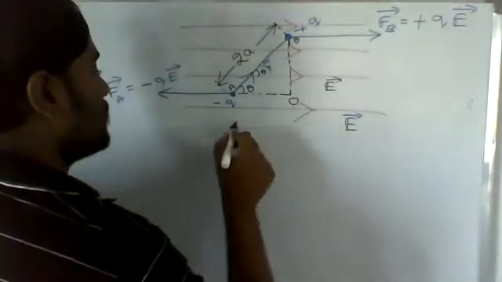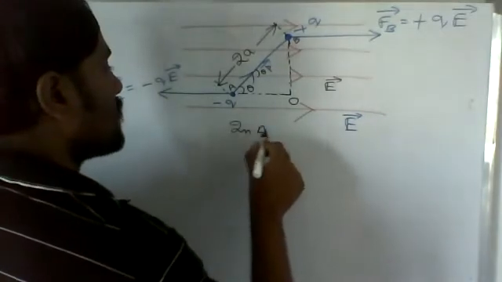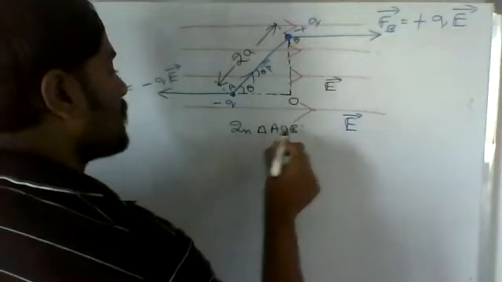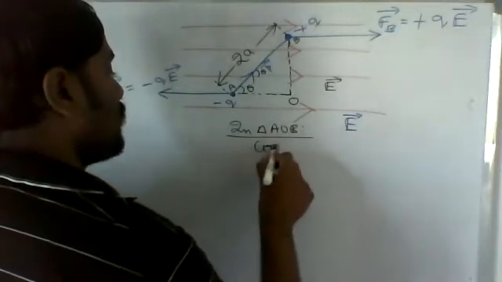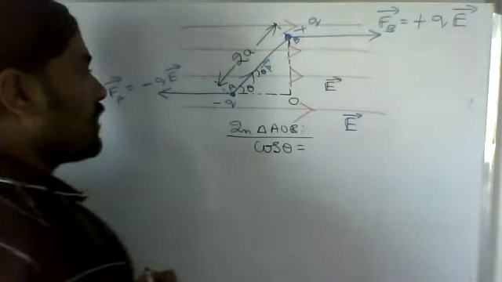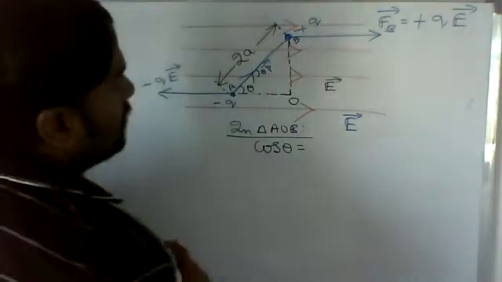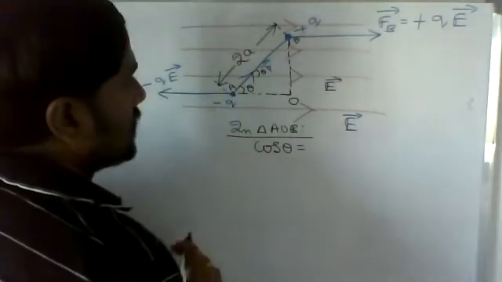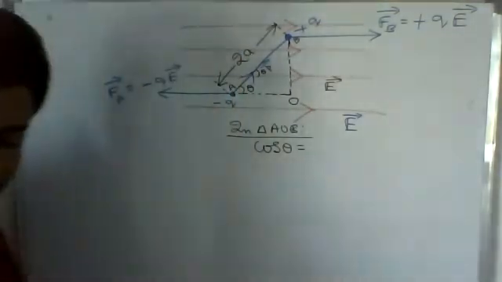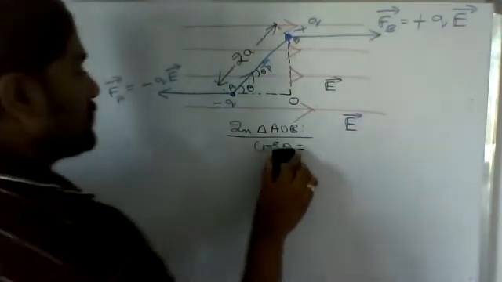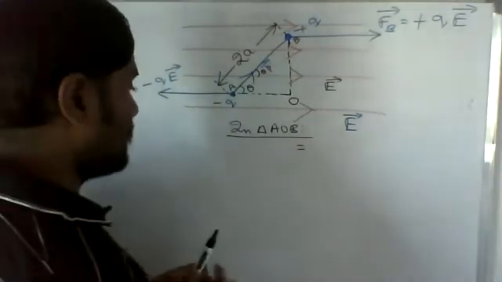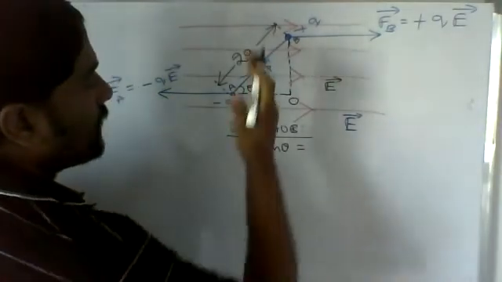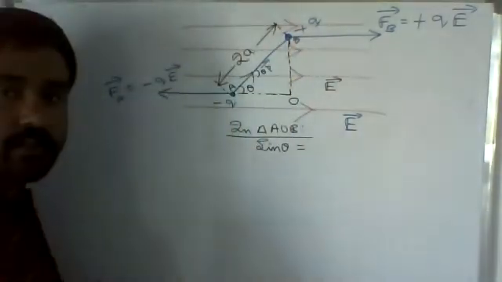Now in this triangle AOB, what is the value of cos theta? Cos theta is base divided by hypotenuse. Actually, here we want OB, so let's consider not cos theta but sin theta. Sin theta is equal to perpendicular divided by hypotenuse.